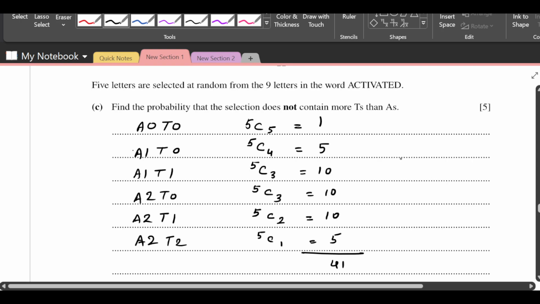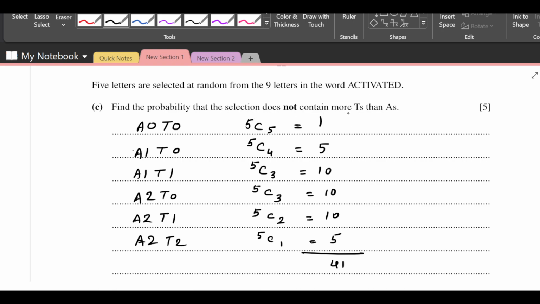Okay, have you identified any mistake here?